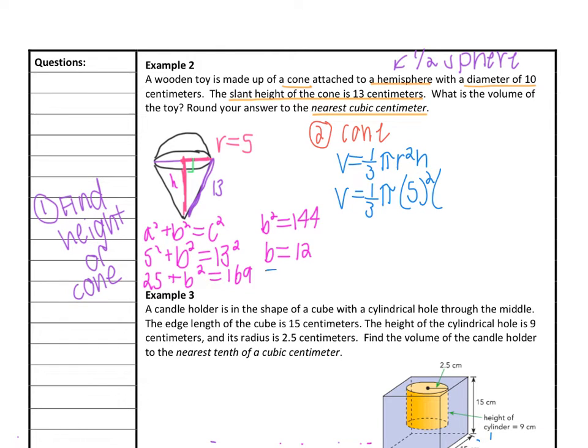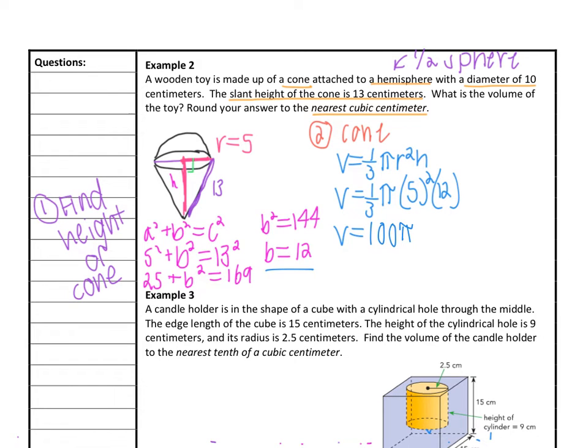Now be careful, we have to use that new height, which was 12. Alright, so again, just to be a little bit more accurate here, I'm going to type in everything without the pi in it, so just the 1/3 5 squared times 12. In doing so, I'm going to be left with a nice even 100 pi.